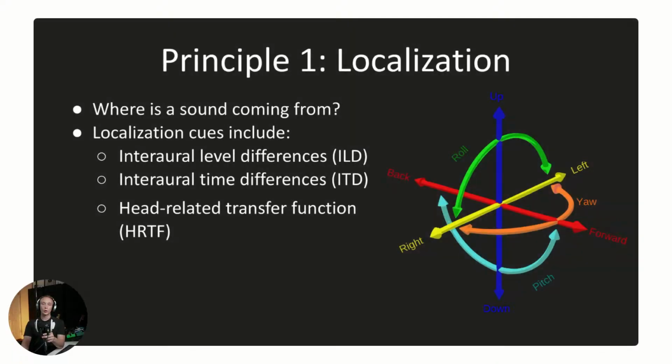Okay, the first one, as I show here on the slide, is an interaural level difference, or an ILD. And what that means is that a sound that comes from right in front of us is going to reach each ear, and it's going to be the same level in each ear. But if you heard a sound that comes from one side, it's going to be louder in the closest ear compared to the further ear.